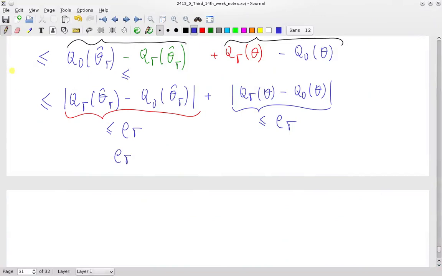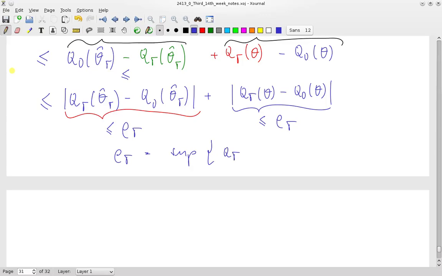Rho t was the supremum, the biggest element, or the smallest upper bound of the following set.